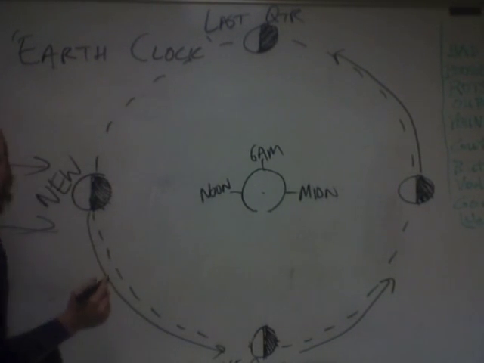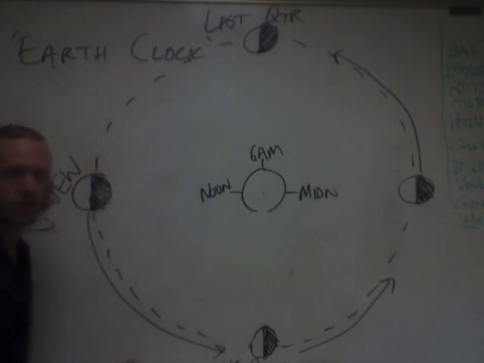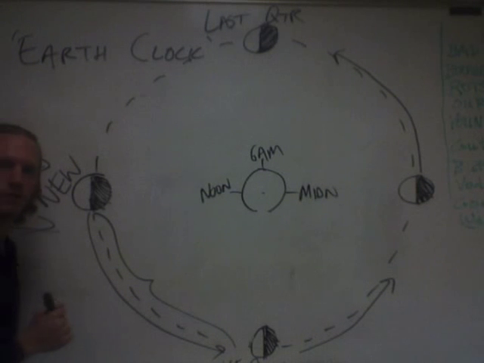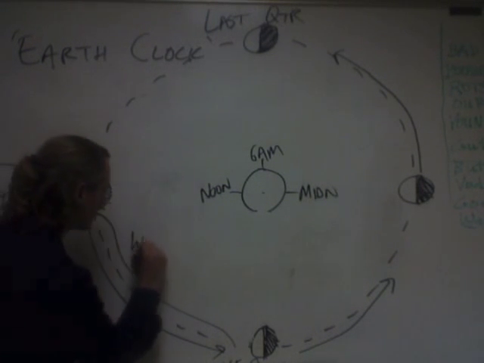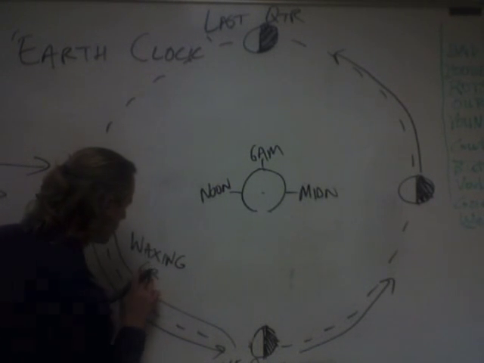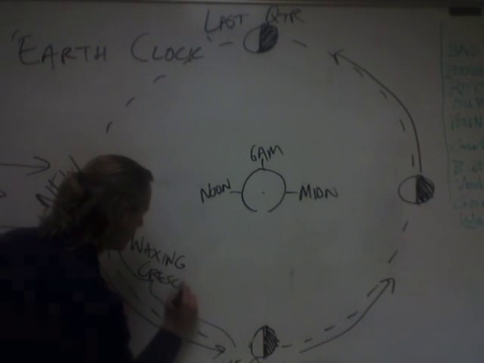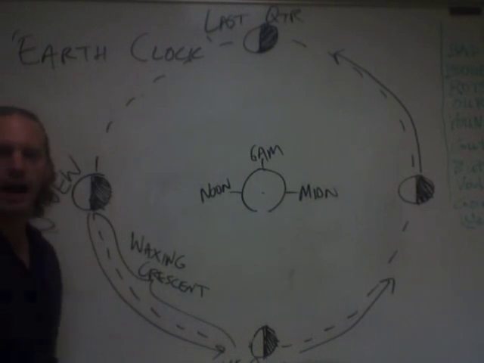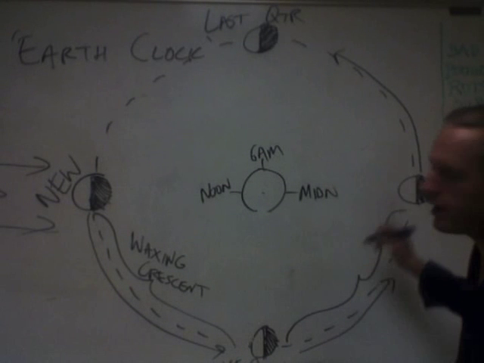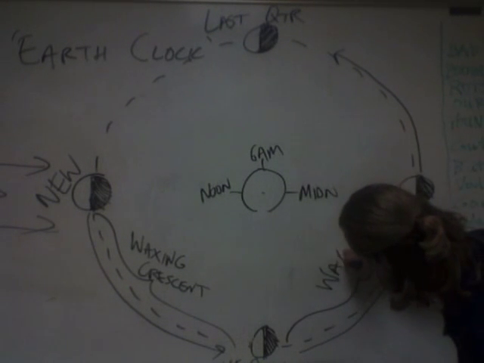Now just one more thing, by the way. Between new and first quarter, everything in between this section of the diagram is going to be what phase of the moon? A waxing crescent. Everything after first quarter, but before full, is going to be waxing gibbous. I'm just going to write abbreviations.